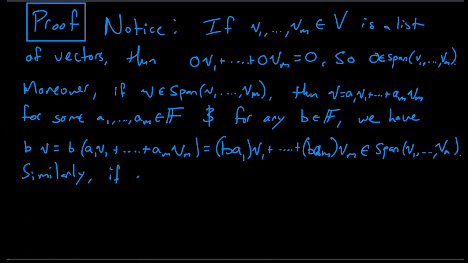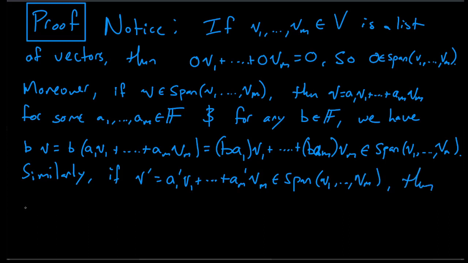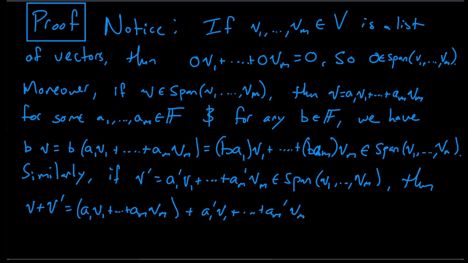Similarly, I will say if v prime, which I'll say is equal to a1 prime v1 plus dot dot dot all the way up to am prime vm, is in the span of v1 through vm, then we can show that v plus v prime is just equal to, well, we've got a1 v1 plus dot dot dot all the way up to am vm plus a1 prime v1 plus dot dot dot all the way up to am prime vm.